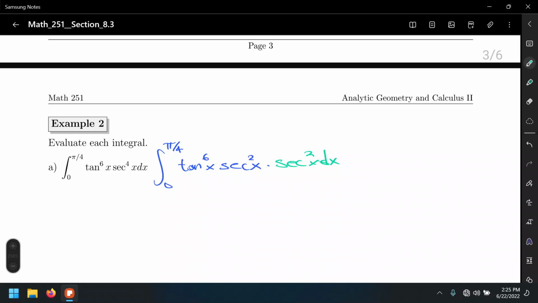From here, for the remaining secant squared, we're going to use the Pythagorean identity that involves secant and tangent. Let me write it at the top. That identity is secant squared equals 1 plus tangent squared. So this quantity right here will replace the whole secant squared on the integrand.